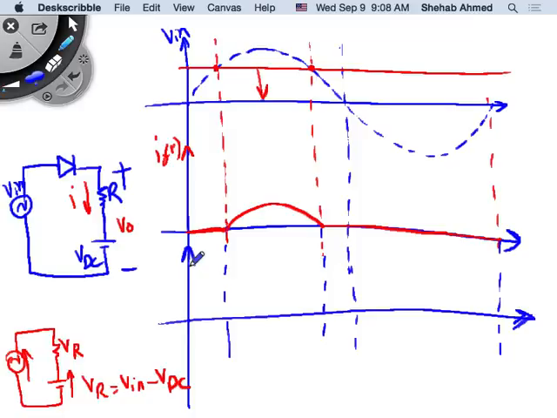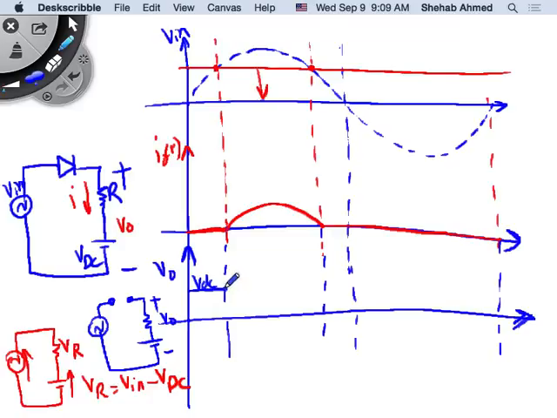What does my output voltage look like? When the current is 0, the circuit is open, right? When the current is 0, it means my diode is still not conducting. This is my circuit. Draw your circuit and it will become easier. So this is my V output now. If there's no current flowing, the switch is off, the diode is off. So what does my output voltage look like? VDC, right? If you measure across this, the output voltage will look like VDC.